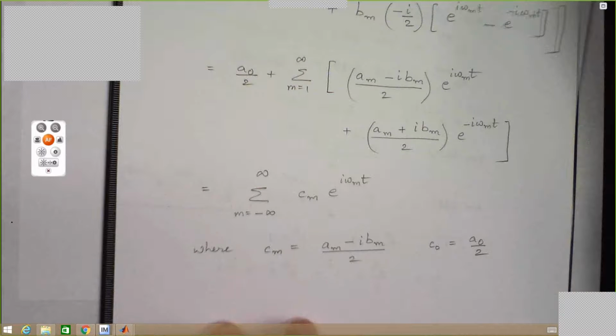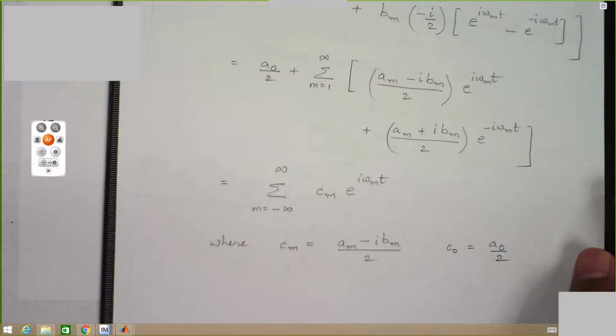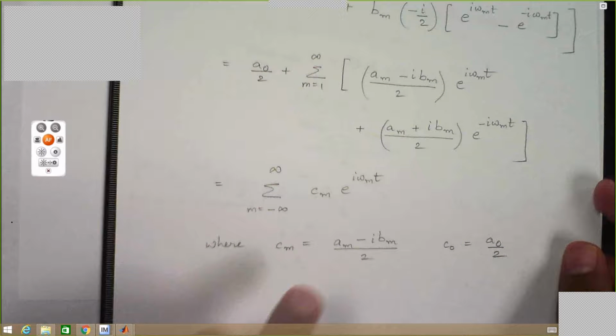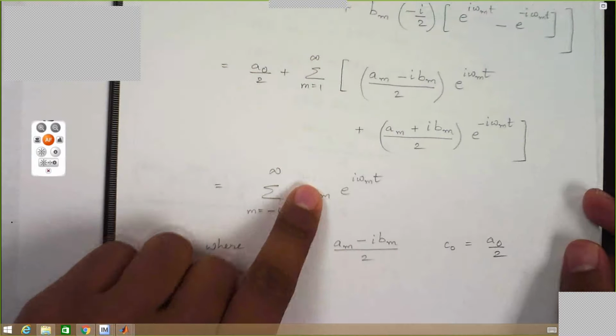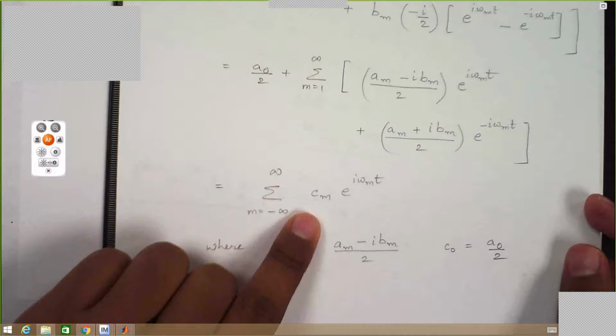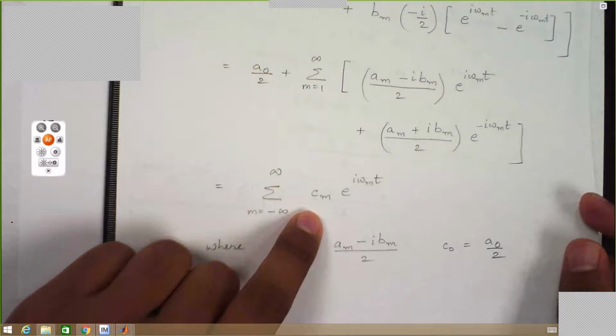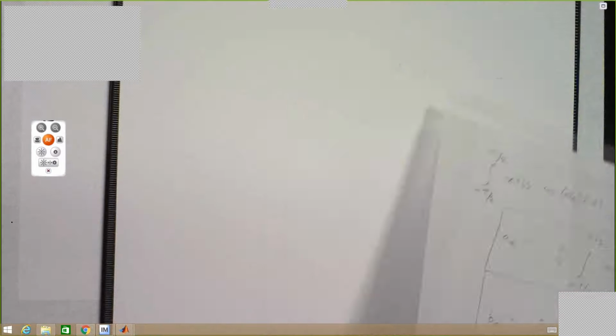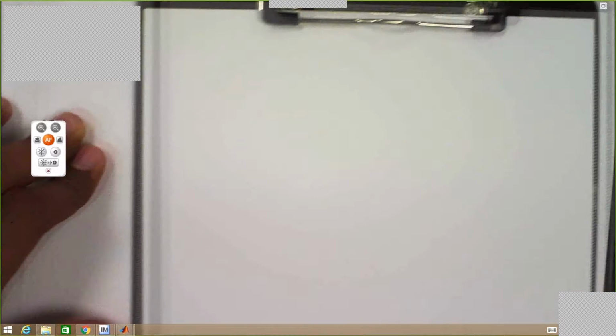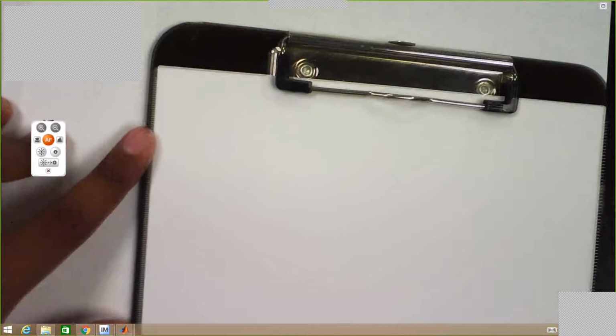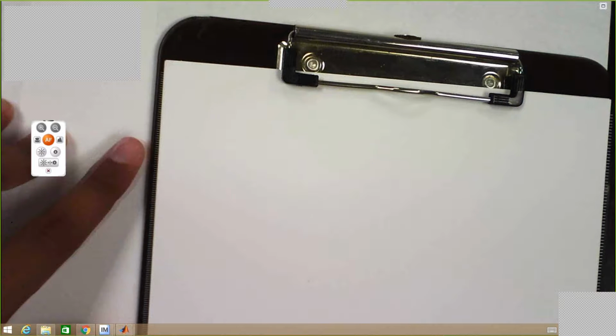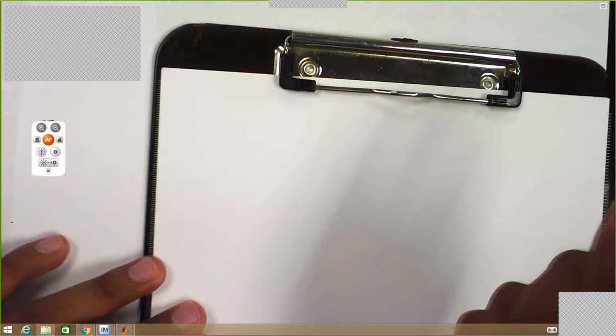Okay, so now that we know that we can express it as a complex Fourier series like this, can we also get expressions for Cm like we got expressions for Am and Bm? And the answer is yes, we can. And it's quite straightforward because we already have the expressions for Am and Bm.